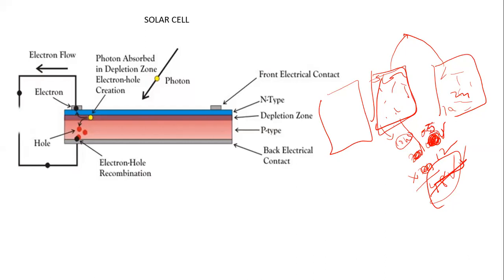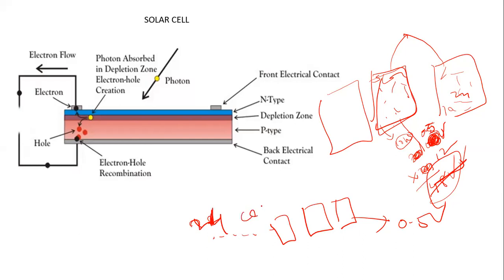Okay, so let's say one solar cell can give 0.5 volt, and within one solar panel you have, let's say, 24 cells connected in series like this, an end-to-end connection.